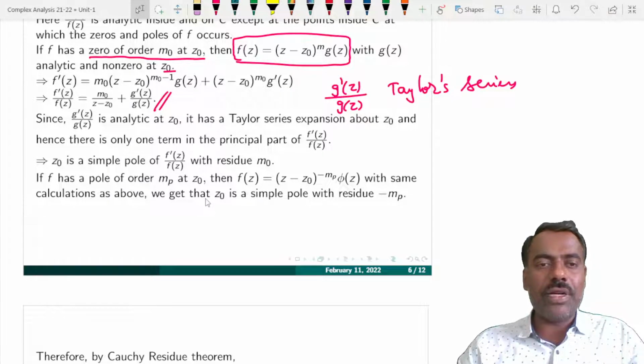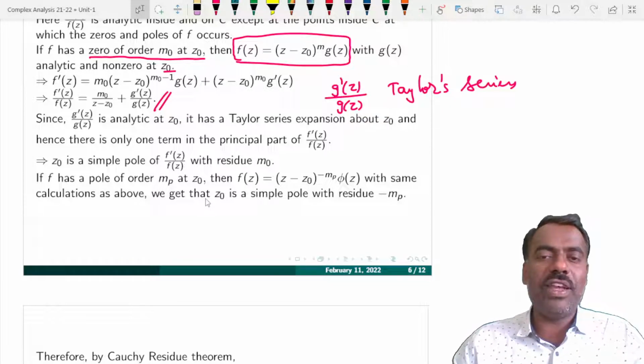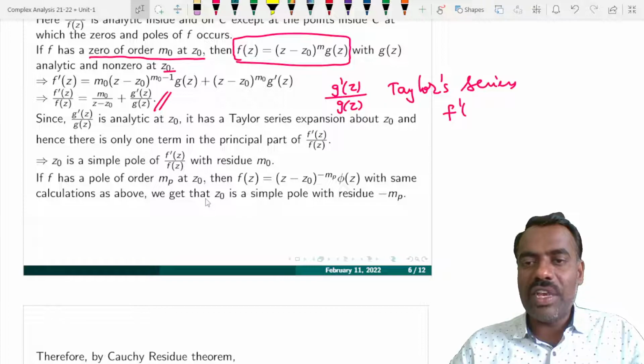Therefore we can write this, and hence there is only one term, which is m naught upon z minus z naught, the principal part of f dash of z by f of z.